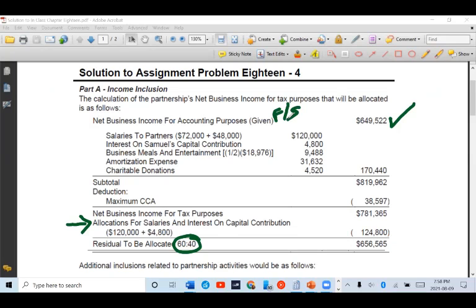It says in the question that it's 649,522. Then it tells us that they received salaries of 120,000 and interest on capital of 4,800. As per the reconciliation that we're supposed to do, we are supposed to add those back. So we have done that.